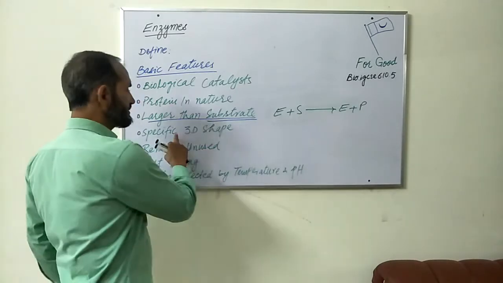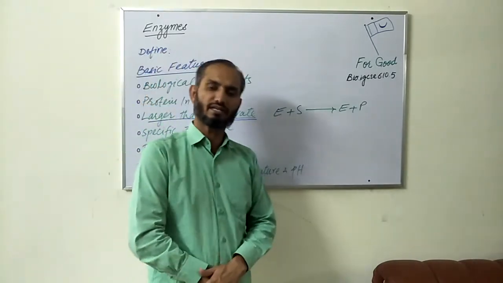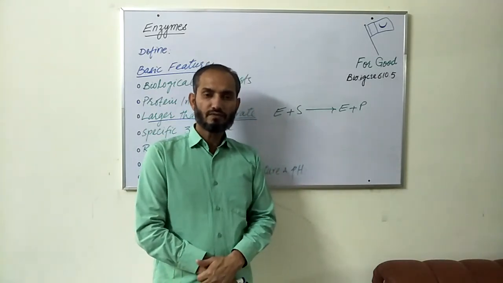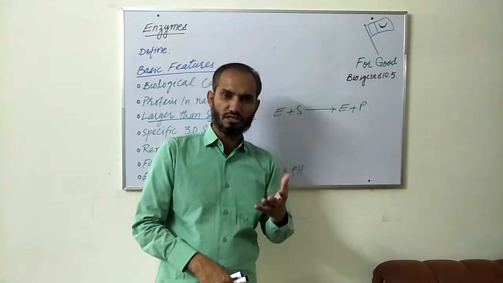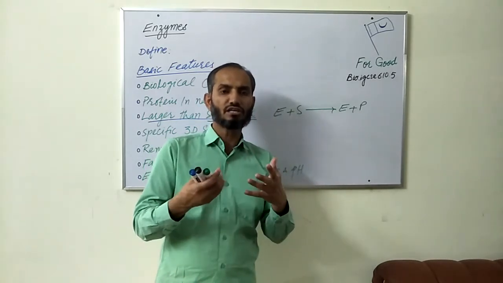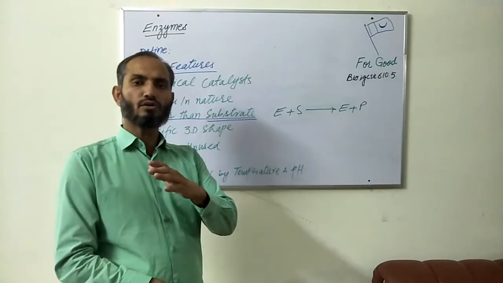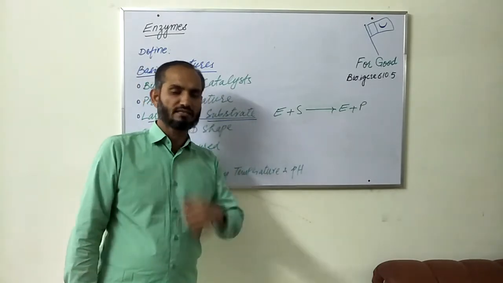And this specific 3D shape is very important for their normal action, for the normal catalysis activity. If the normal 3D shape of the enzyme is not there, if there is any change to the specific 3D shape, the enzyme will not be able to do the specific catalysis.